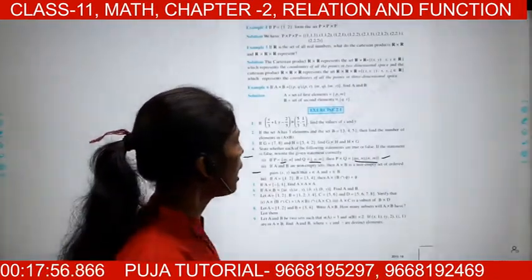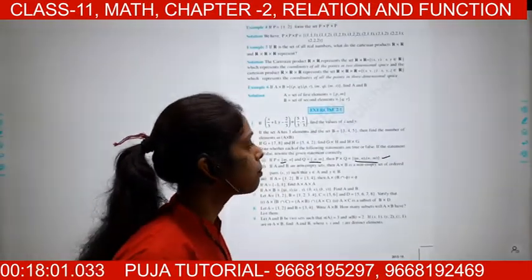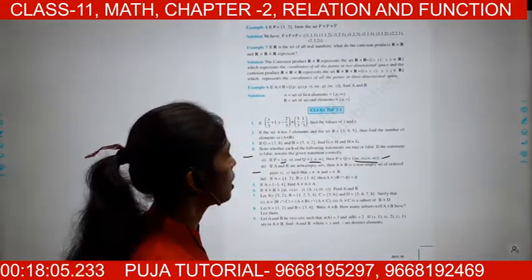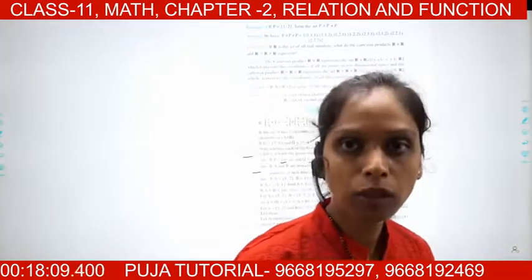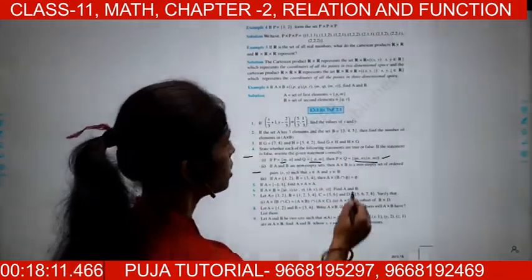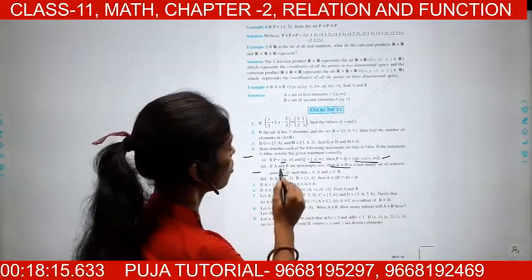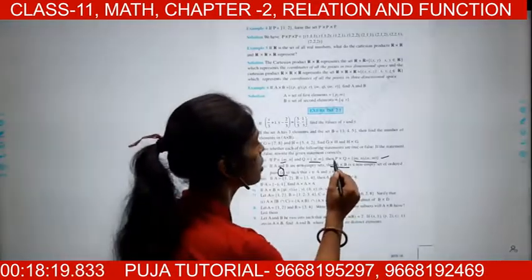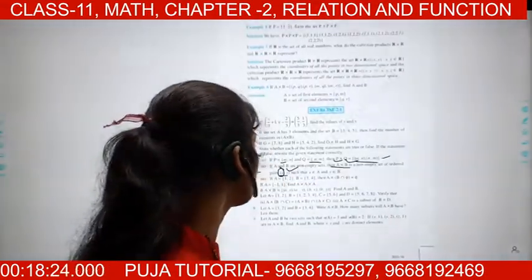Next one. A and B are two non-empty sets. Then A cross B is a non-empty set of ordered pairs x, y such that x belongs to A and y belongs to B. Okay. Why? Because A and B are non-empty sets, in an ordered pair the first element always belongs to the first set and the second to the second set. That's why it is true.